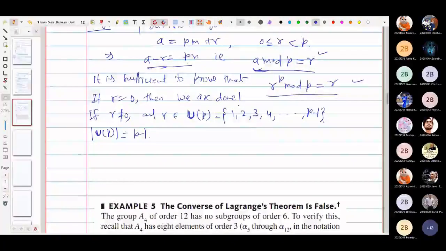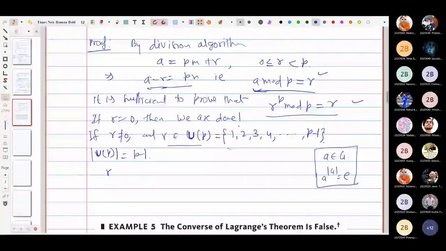Fine. So if r is any element here, we have just proved that if a belongs to G, then a to the power order of G equals identity. That we proved in the last lecture. So using that result, r is any element here in U_p.